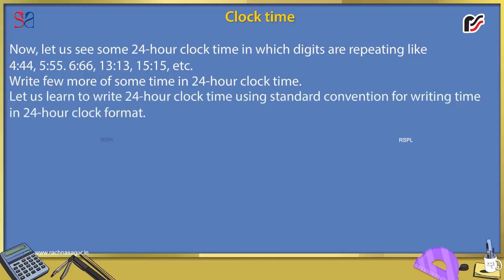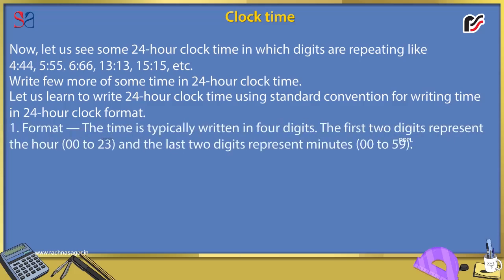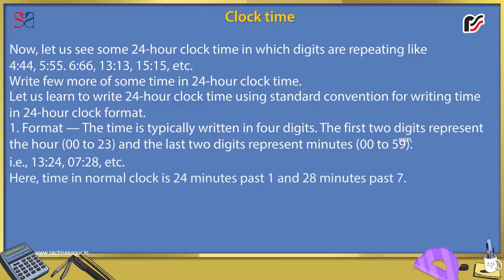Let us learn to write 24-hour clock time using the standard conversion for writing time in 24-hour clock format. First, format. The time is typically written in 4 digits. The first 2 digits represent the hour, 00 to 23, and the last 2 digits represent minutes, 00 to 59, that is 13:24, 07:28, etc. Here, time on a normal clock is 24 minutes past 1 and 28 minutes past 7.